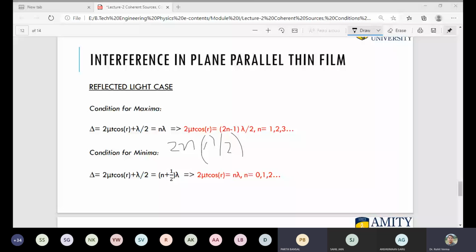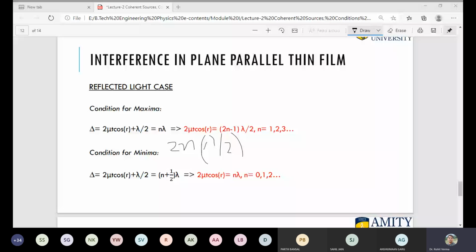If they are plane polarized, then all the interfering waves should be plane polarized. If they are elliptically polarized, then all the interfering waves should be elliptically polarized. So if they are not in the same state of polarization, you will not be getting a sustained interference pattern.